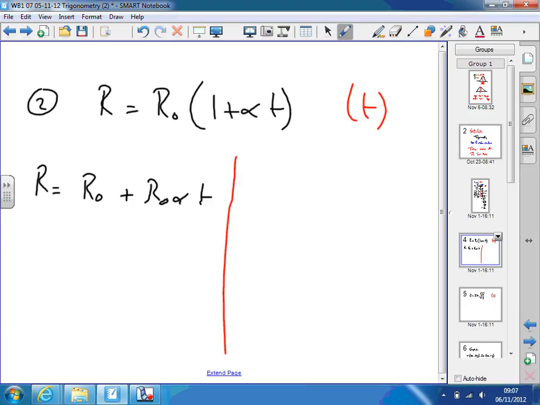The R0. Yeah. Because we've got this whole term here, R0 alpha T. So what's happened here? T, which is what we have to remember, has been multiplied by R0 alpha, and then the R0 has been added. So first of all, get rid of the R0. Subtract it. R minus R0 equals R0 alpha T.